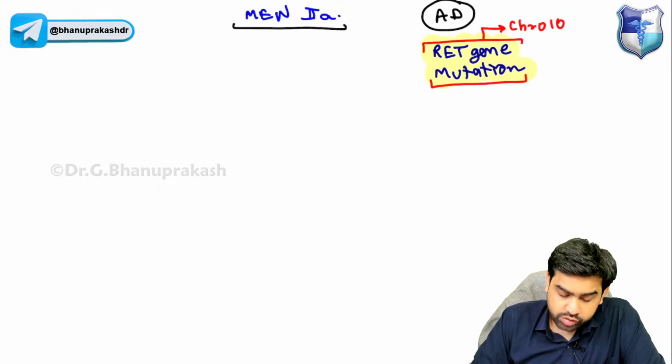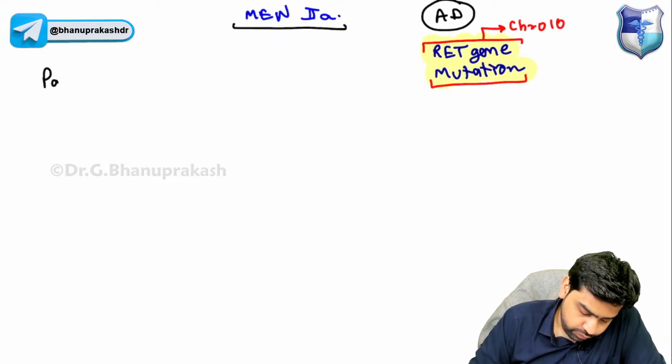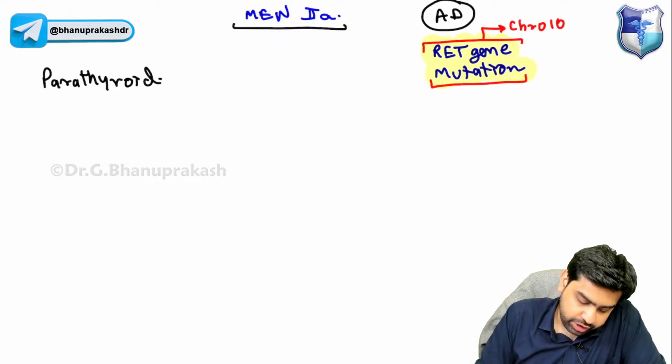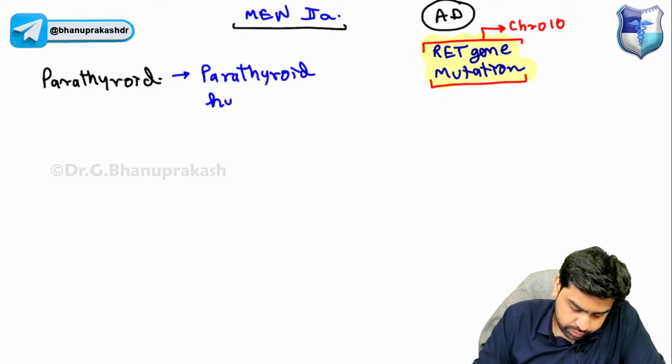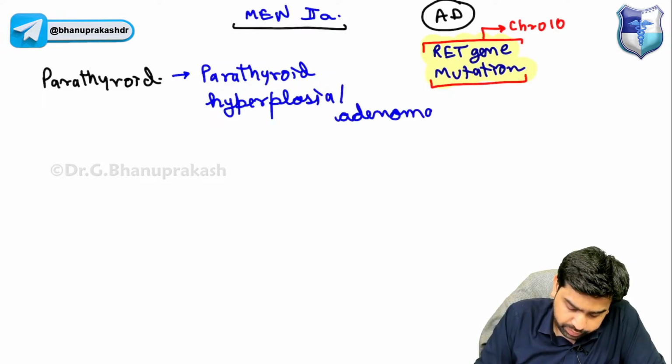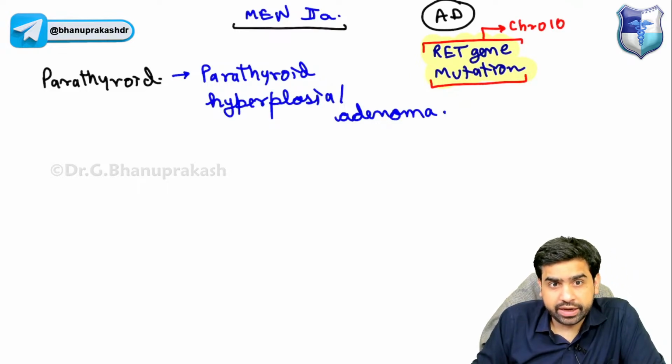Now, what are the things involved in the MEN 2A syndrome? Over here, there is involvement of the parathyroid. In the parathyroid, again, you are going to have parathyroid hyperplasia or adenoma.